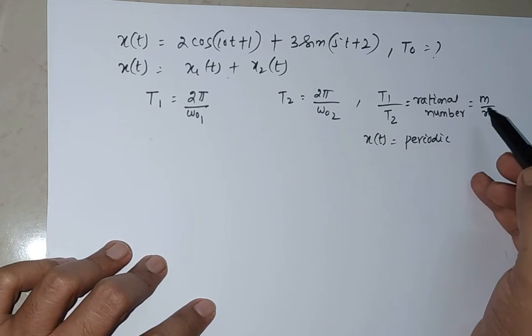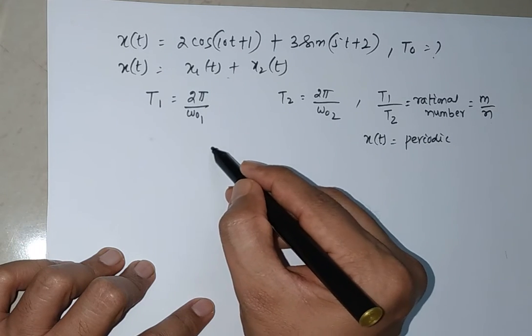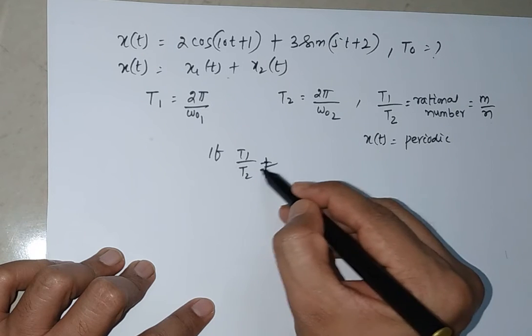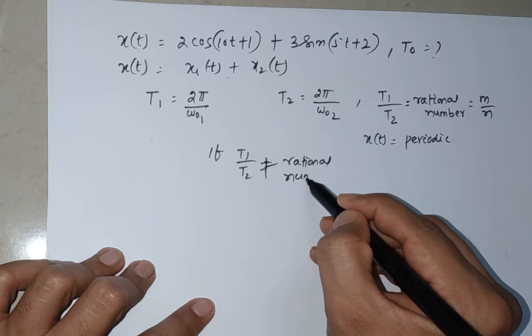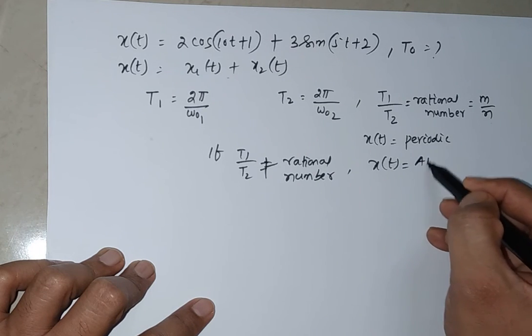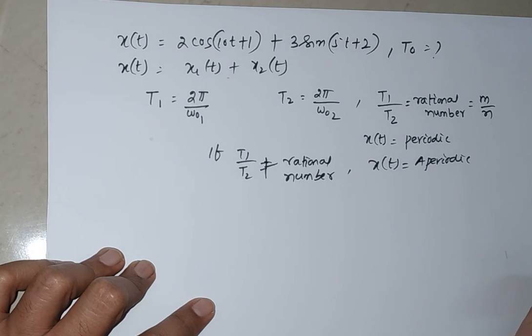If t1 by t2 is not a rational number, then x of t is aperiodic. If x of t is aperiodic, then it is not required to find the period of the signal.